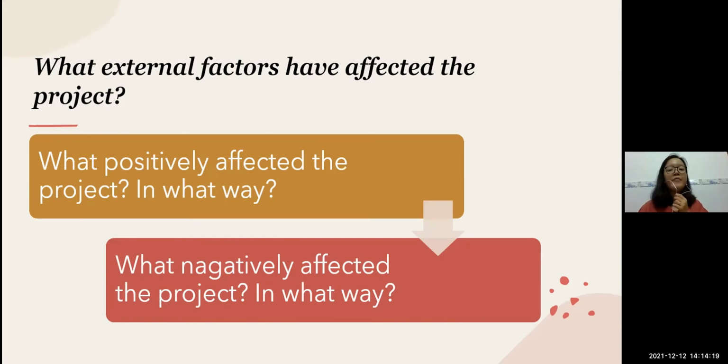So whatever is happening in the area where you're implementing the project, you need to include it in your report. For example, if you're conducting a project around an area that has a volcano and then the volcano erupts, of course there is a natural disaster, and it affects your project. So if it affects your project, was it a positive effect or a negative effect, and in what way? So you have to show that.